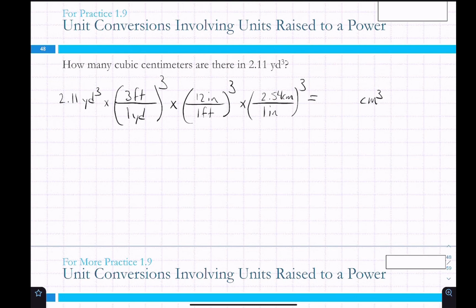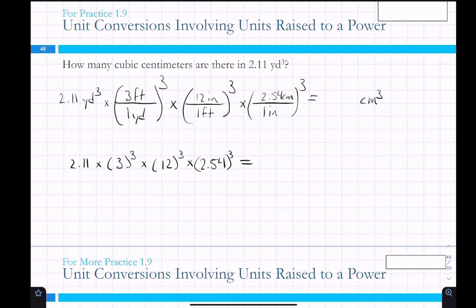So then on your calculator, it'll be, again, multiply across the top, divide by everything on the bottom: 2.11 times 3 cubed times 12 cubed times 2.54 cubed. And again, there are more than one ways to do this also.